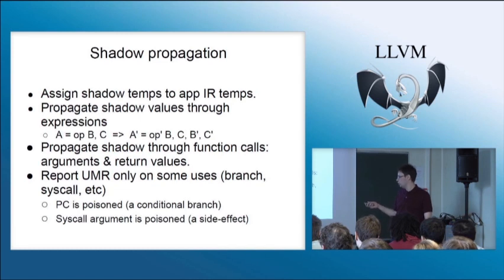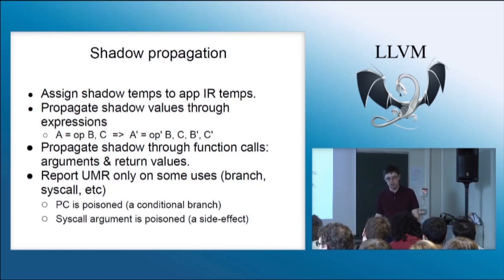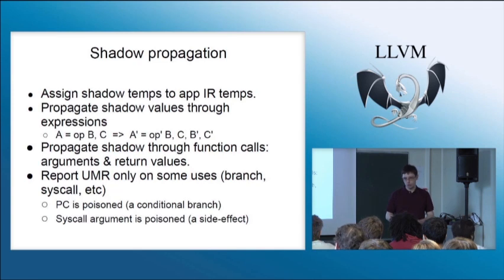We report on conditional branch, on syscall arguments, and on standard library function arguments in our interceptors. As for IR instructions, that's conditional branch and maybe some rare instructions. We try not to report too much because it is simply slower. It's often slower than propagating.